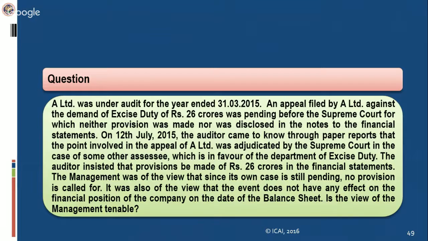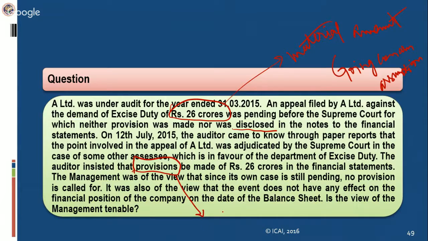As you can see here, a demand of excise duty of rupees 26 crore is pending. This is a material amount which may affect the going concern assumption of the company. One more thing is, the question is stating that the company has not made any disclosure or has not made any provision as the auditor is insisting upon.